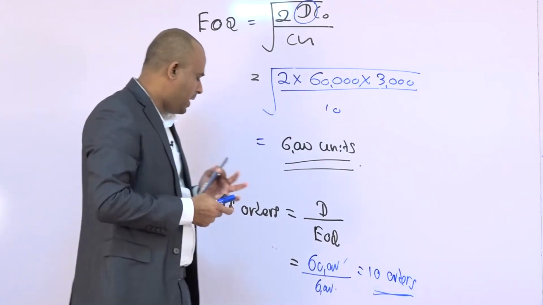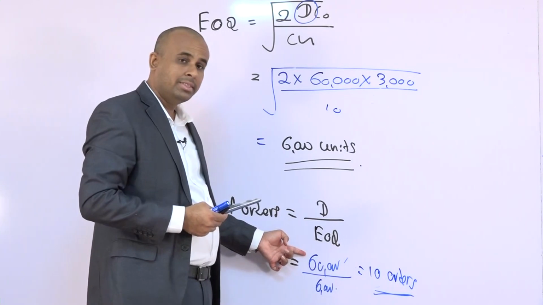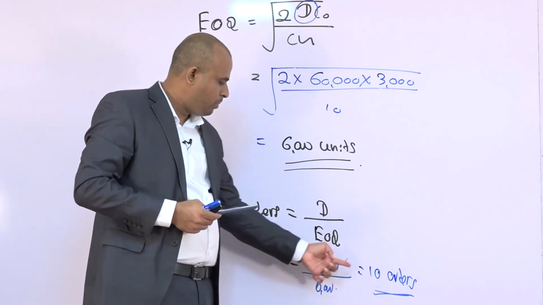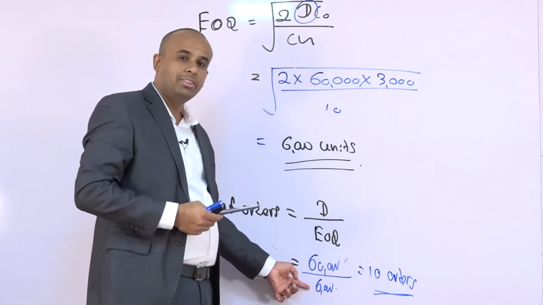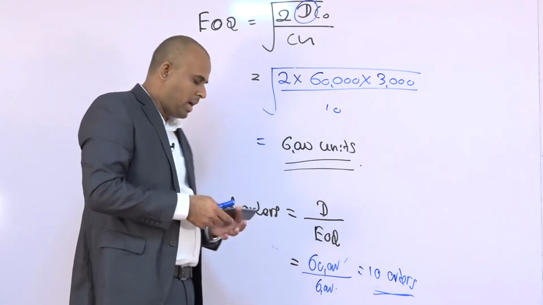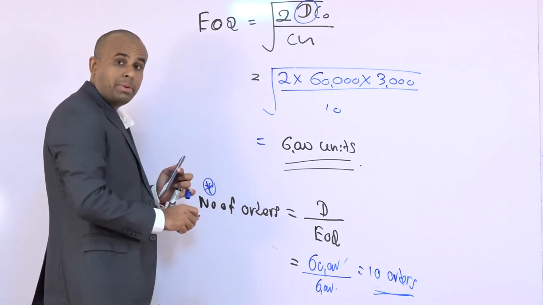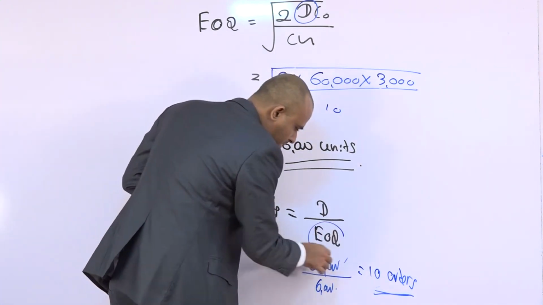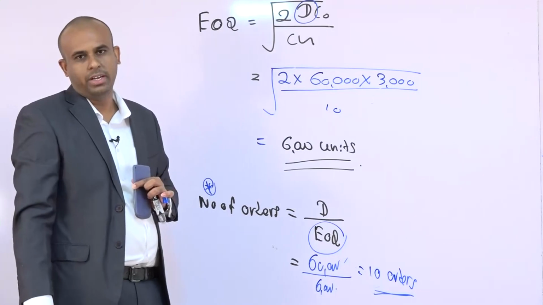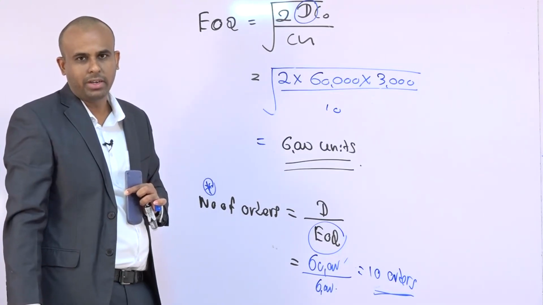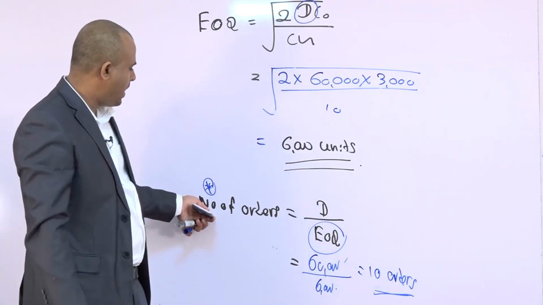For you to order 60,000 units annually, you need to place 10 orders because at once you are buying 6,000 units. Putha, this number of orders you call the optimum number of orders because you place the optimum reorder quantity. Right? Okay. This is how you calculate the number of orders.